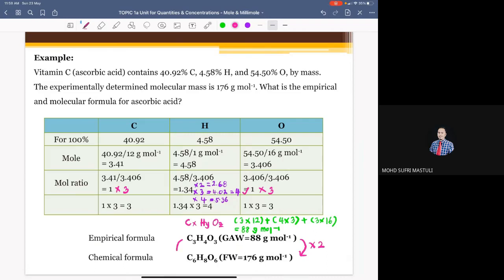This is why you also multiply the empirical formula by 2, so carbon becomes 6, hydrogen becomes 8, and oxygen becomes 6. So this is the molecular formula, C6H8O6, and the earlier one is the empirical formula.